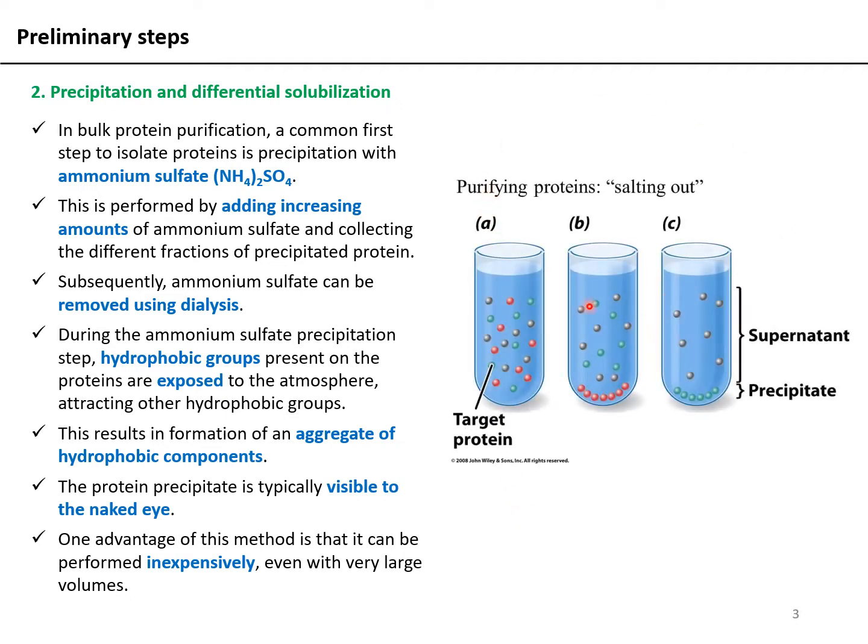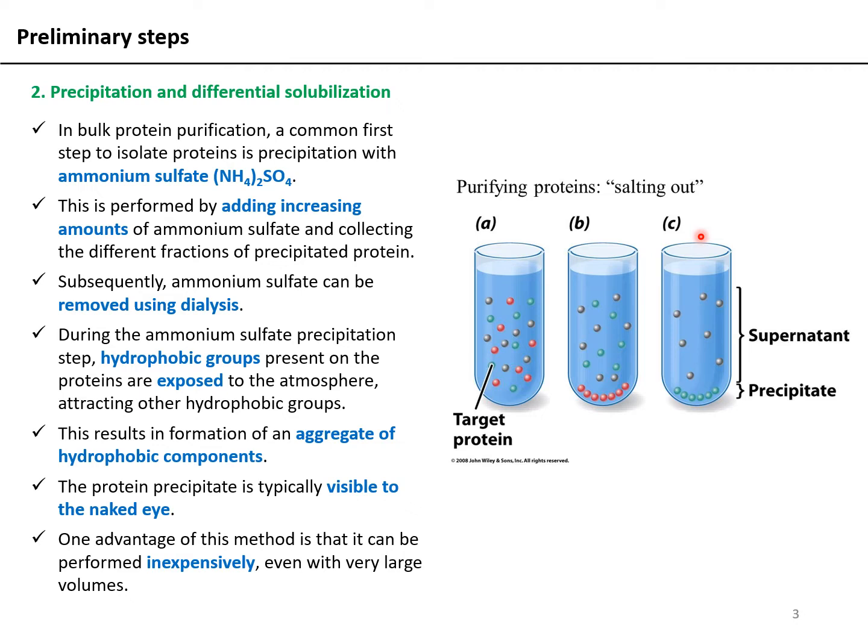So this precipitation of proteins by adding ammonium sulfate out of solution is called salting out. Why salting? Because you're adding the salt ammonium sulfate, and out because it is not your protein of interest, but these other non-interest or contaminating proteins that you want to remove that are brought out of solution.